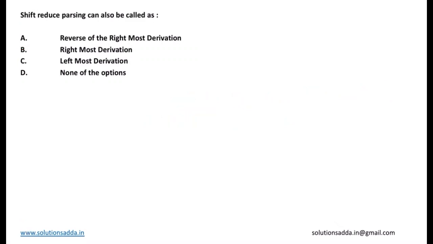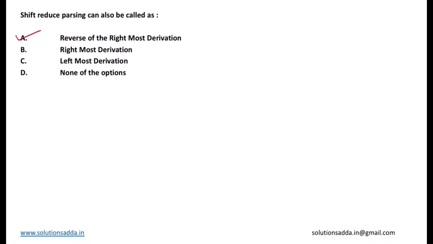This is a question from compiler design. Shift reduce parsing can also be called as. Options are: reverse of the rightmost derivation, leftmost derivation, or none of the options. The correct answer for this question is option A, reverse of the rightmost derivation. It is a direct question.